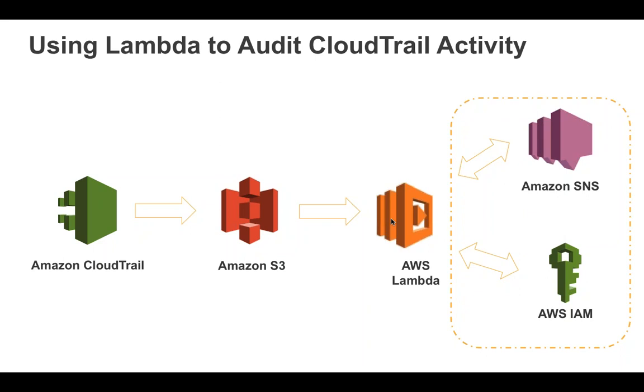As those logs are stored in S3, it creates an event, and you can assign a Lambda function to those events so that each time you get CloudTrail activity, i.e. activity across your account, you can send a notification, as an example, or maybe you want that function to go and analyze IAM to make sure things are how they're meant to be. So you're using Lambda to audit CloudTrail activity and make sure things that aren't expected aren't happening in your environment.